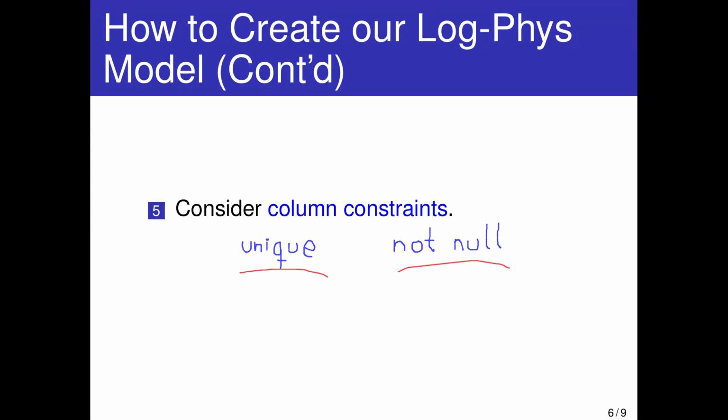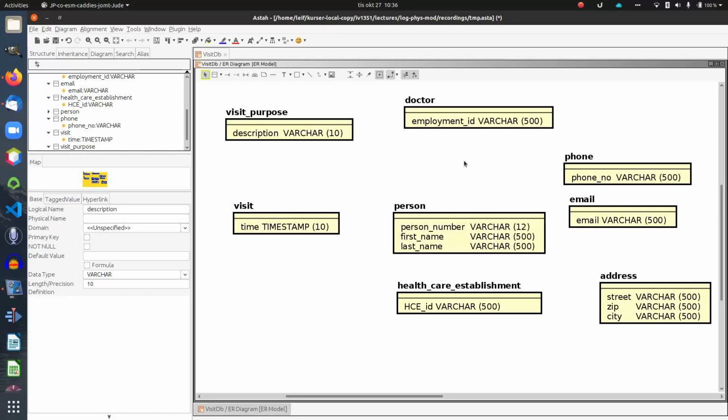There are other ways to add much more specific column constraints, but I won't cover that in this lecture. I make a note here in the model before I upload it to the course, saying where you can read more about other column constraints, if you're interested. But for now, we only consider these two, unique and not null. So how to indicate that something is unique or not null.